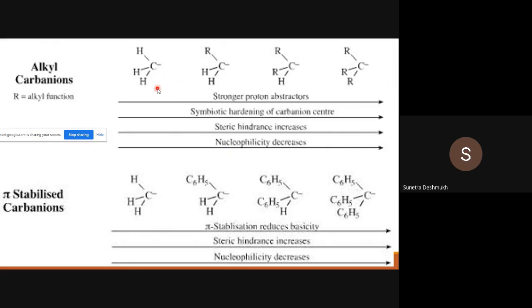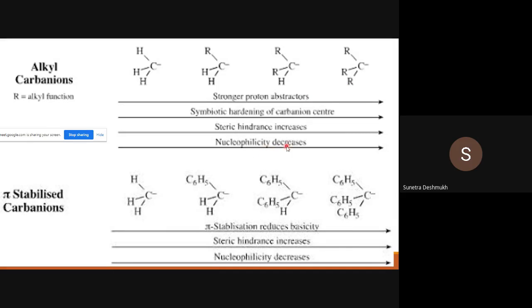Now I have taken the example of alkyl carbanions, started from the methyl carbanion, then one of the hydrogens replaced by an alkyl group, then two alkyl groups, then three alkyl groups added. Once we have added three alkyl groups, the plus I effect has increased. As the plus I effect increases, the stability of that carbanion decreases.